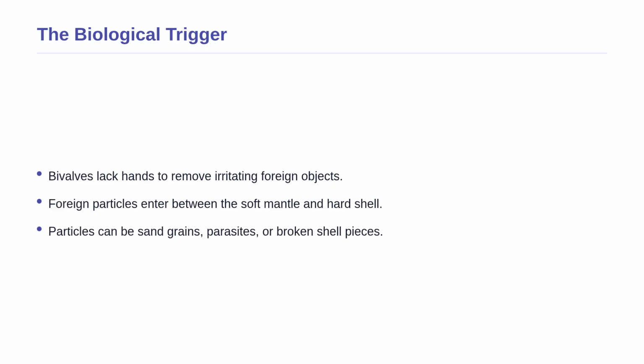When a foreign particle, such as a grain of sand, a tiny parasite, or even a piece of a broken shell, accidentally slips into the space between the animal's soft mantle tissue and its hard outer shell, it causes severe irritation. Because the bivalve cannot remove the particle, it must defend its delicate internal tissues in another way. This irritation is the crucial first step that triggers the entire pearl-making process.